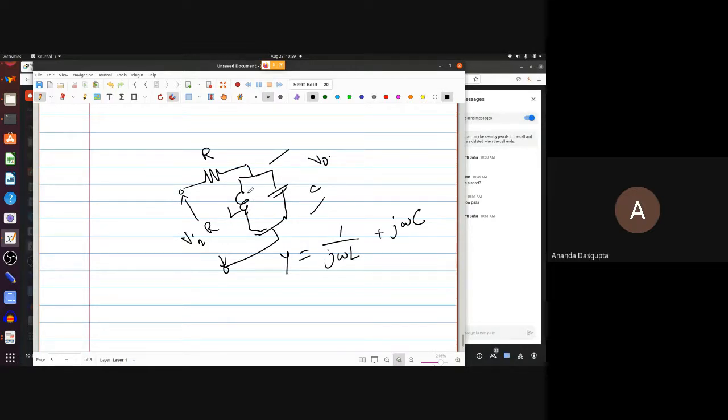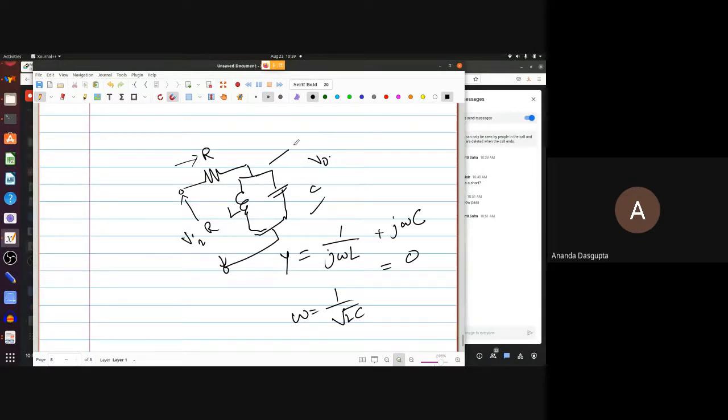At a particular frequency, when omega equals 1 by root LC, these two complex numbers are exactly negatives of each other. So you will get an admittance of 0, or its reciprocal, the impedance, will be infinite. Now, an infinite impedance blocks the current from flowing, so no current flows here, no drop across the resistance.